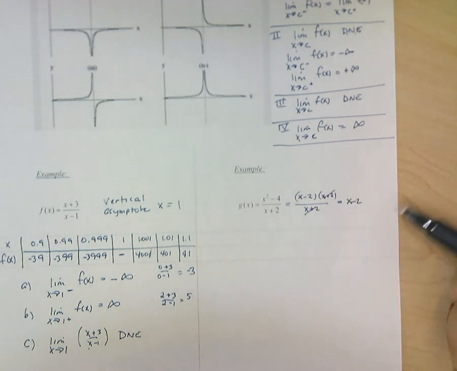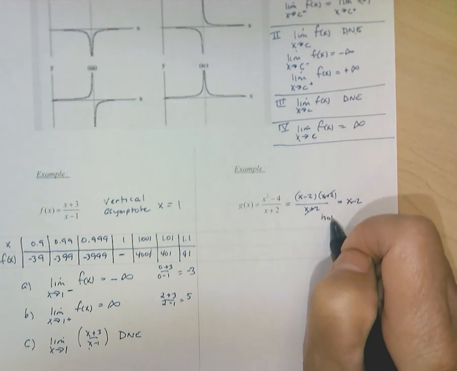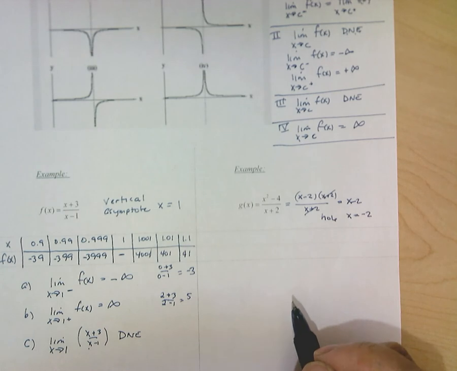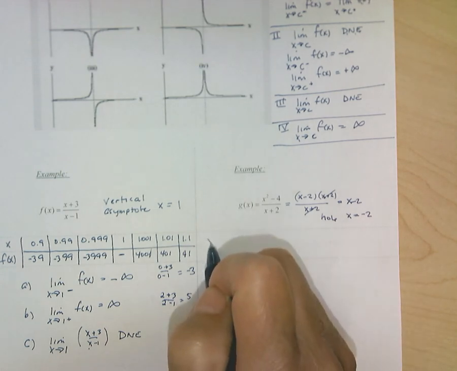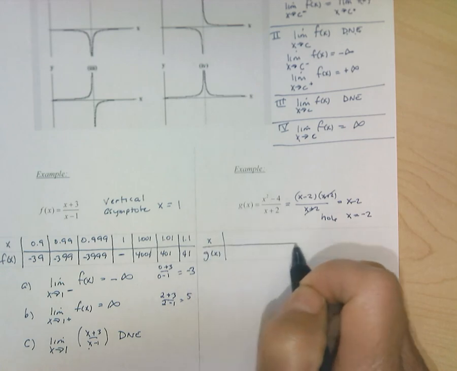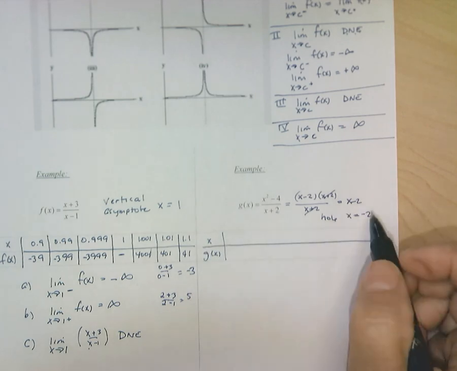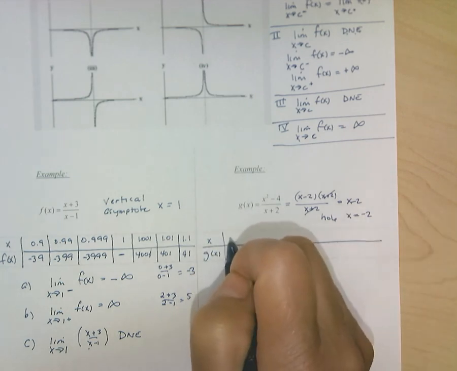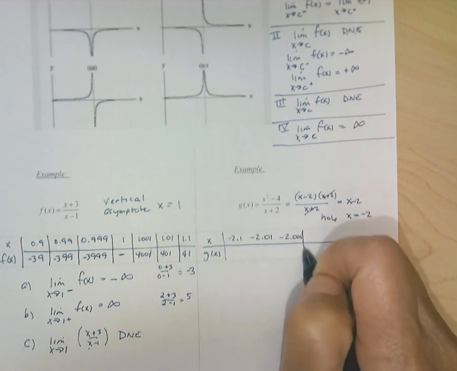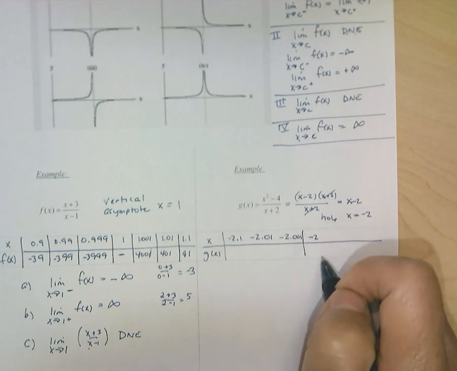But this is not a line. This has got a hole at x equals negative 2. So let's look at what happens here. I have x and g of x, and the numbers I'm going to pick are left of negative 2. So negative 2.1, negative 2.01, negative 2.001. I know at negative 2, I can't get that value.